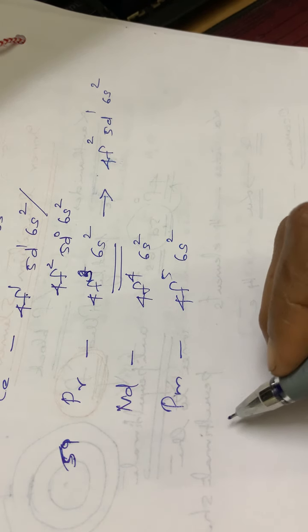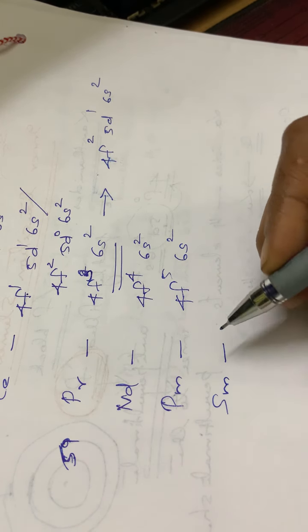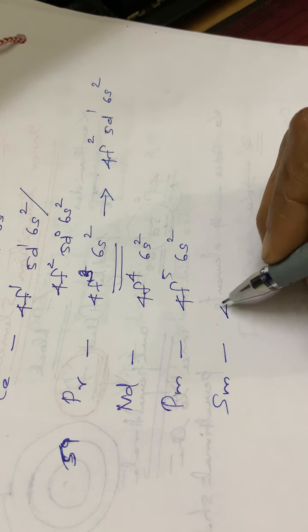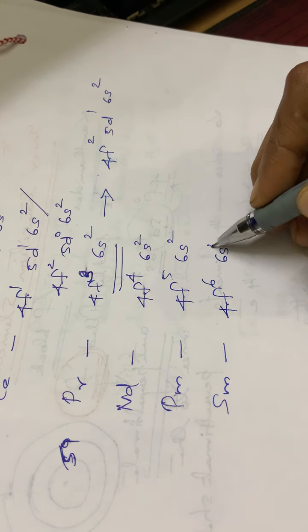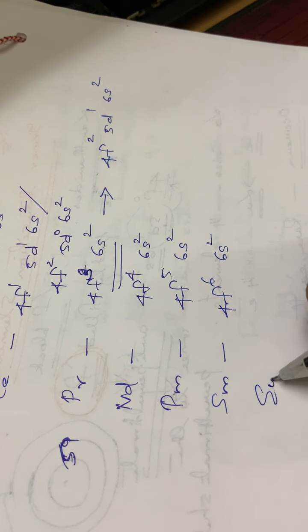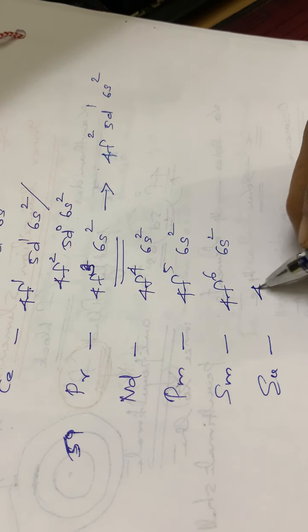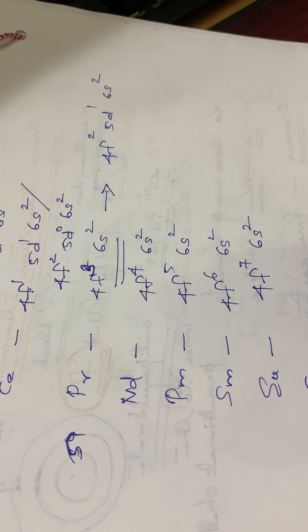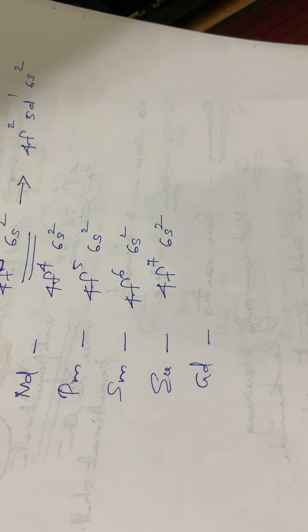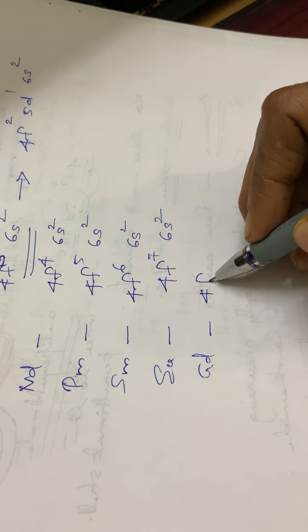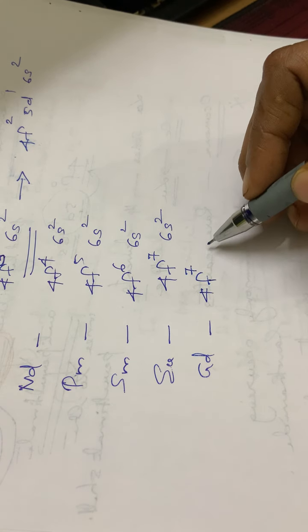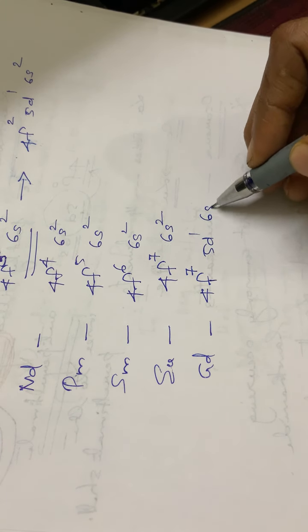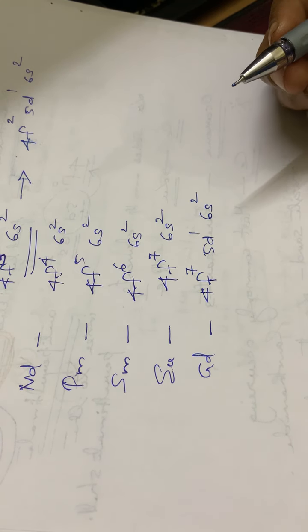Then samarium is 4f6 6s2. Then europium, Eu, is 4f7 6s2. Then gadolinium, Gd, is 4f7 5d1 6s2.